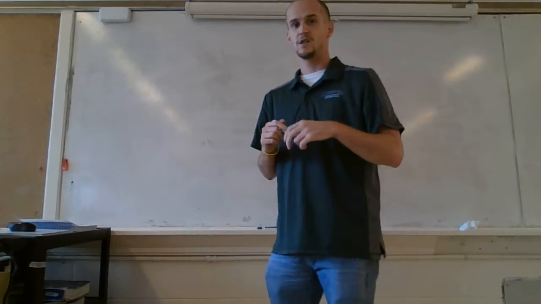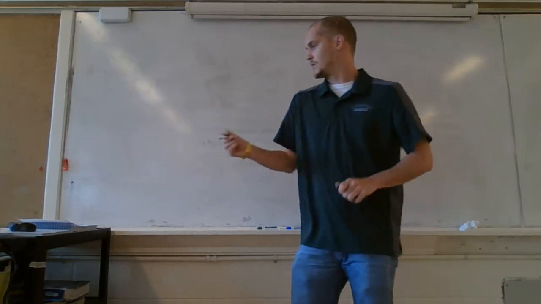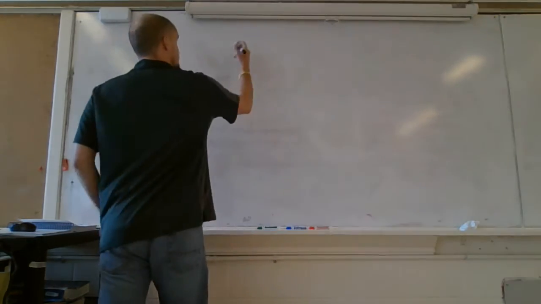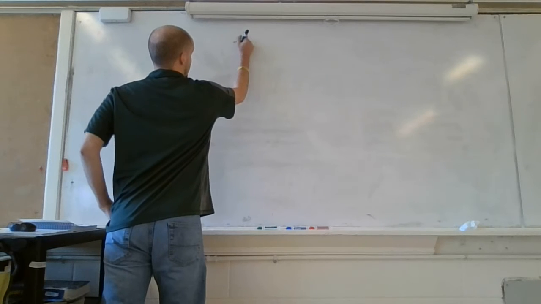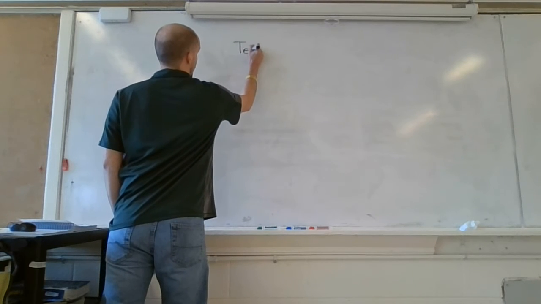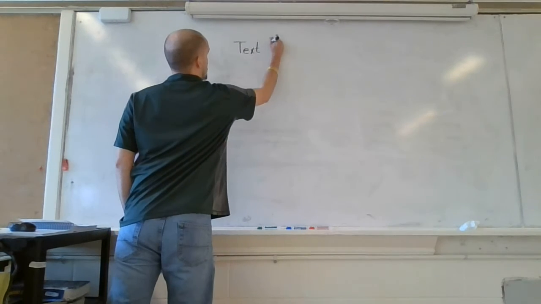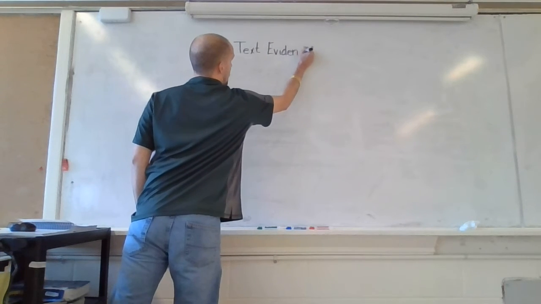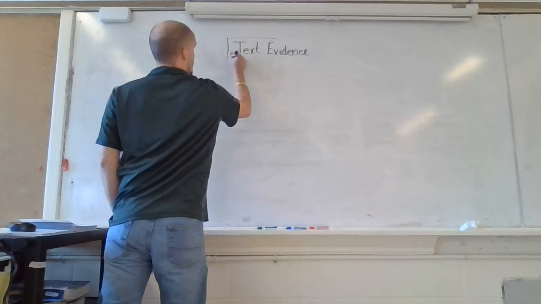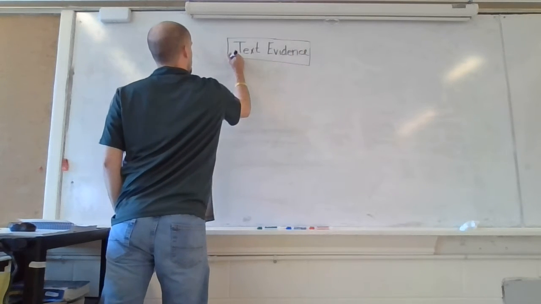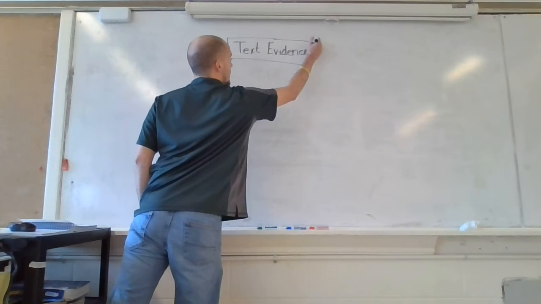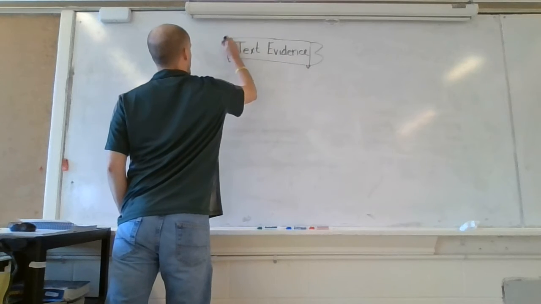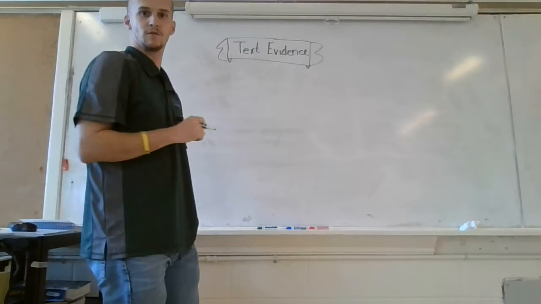So, on page 2 of your notebook, we're going to take notes on text evidence. Just like before, box, 2 triangles, and some sideways W's, and you have a banner for your title.